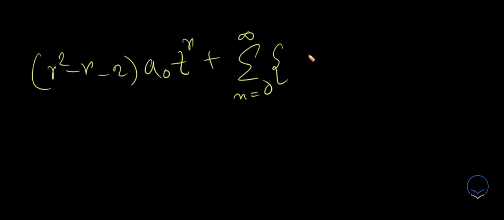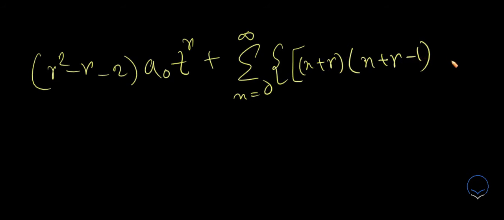This will be a bit big, so please have patience. And there will be this a of n, that means this is the guy that is appearing in front of a of n, and there will be more terms.